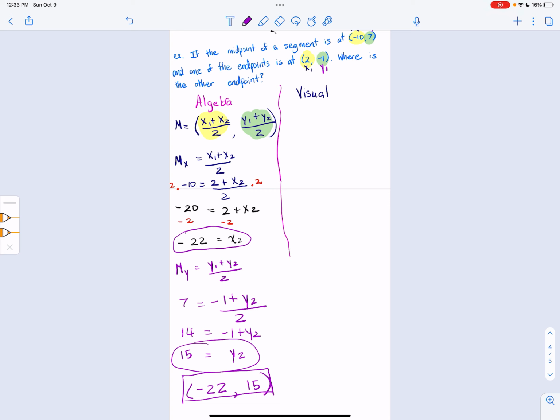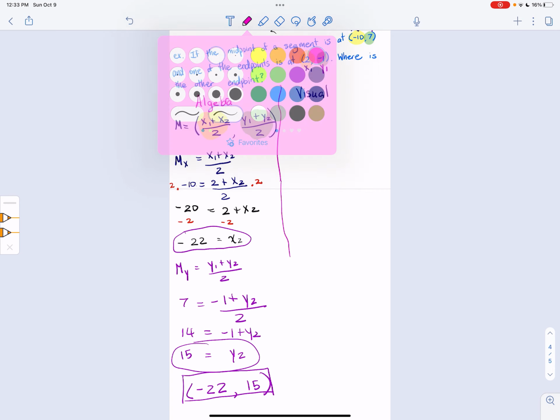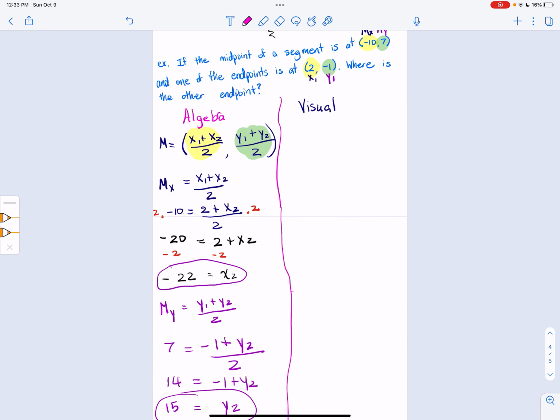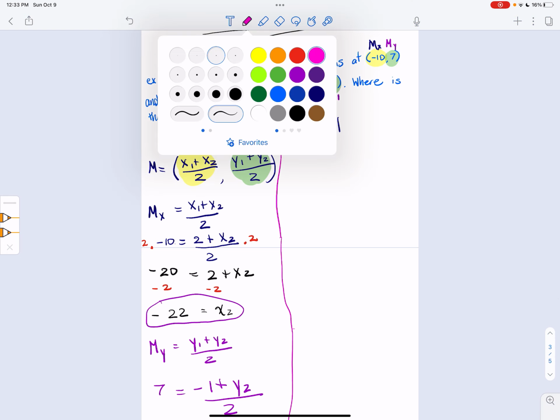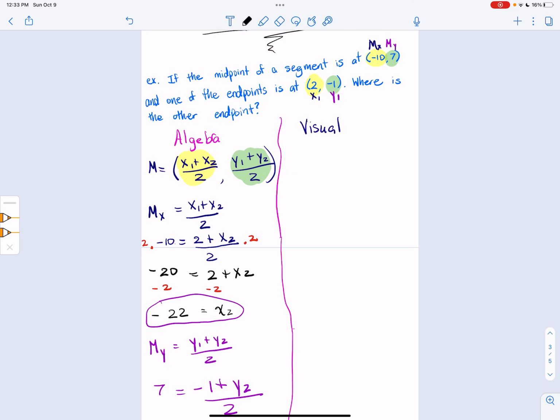All right, so let's focus on the x's first once again. We know the midpoint of the x's is negative 10. And that's just coming from right here. We know that one of the x coordinates is more than that.